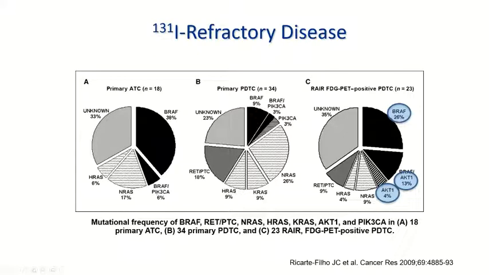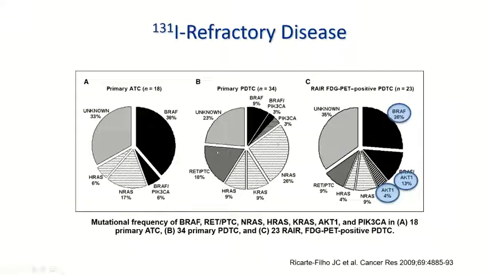And that's for the moment not to talk about ATC. We know that virtually all of them lose expression of radioactive iodine uptake, but look at these poorly differentiated carcinomas that are, as a whole group, all 34, only those that are radioactive iodine refractory.